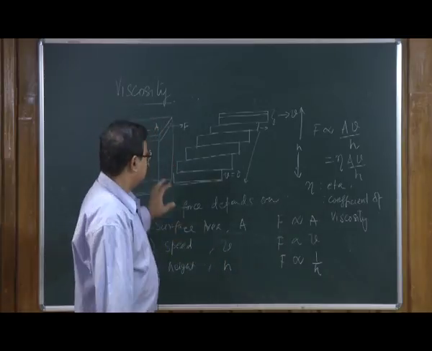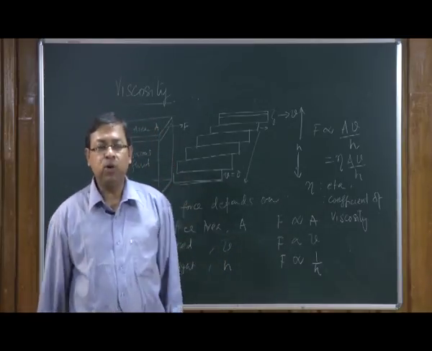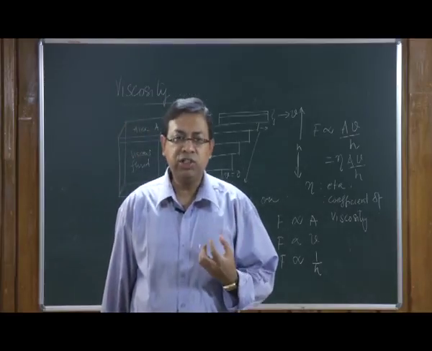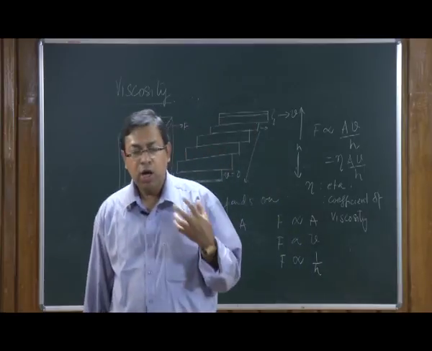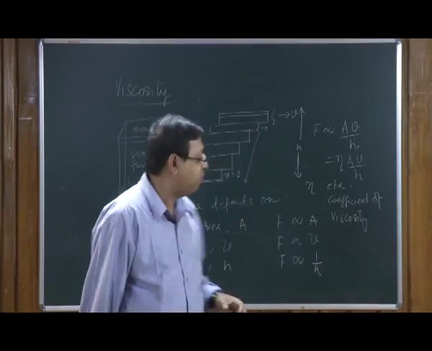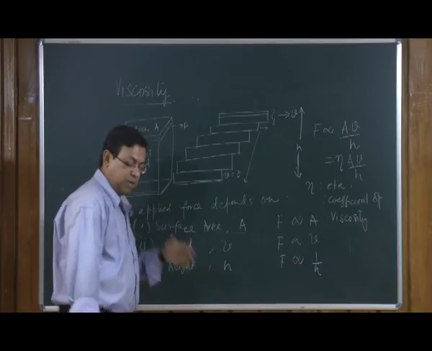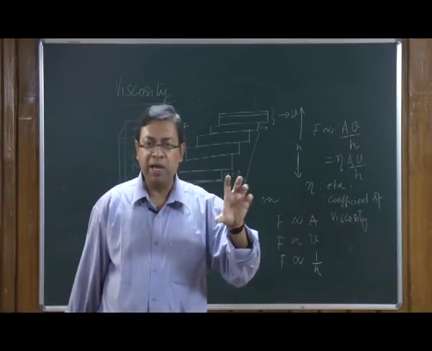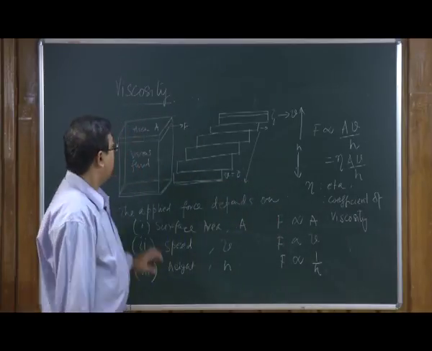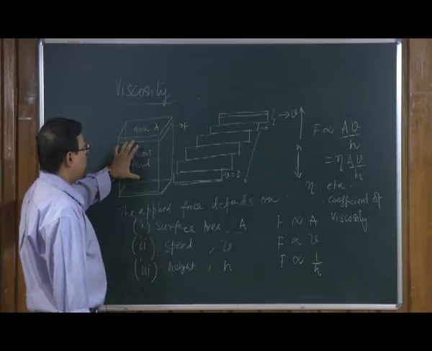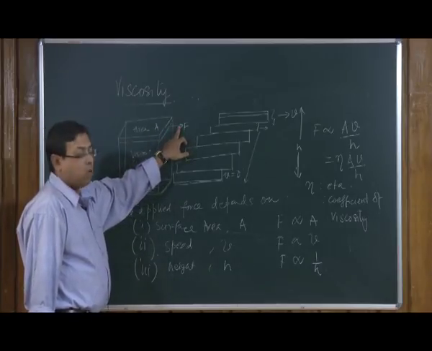This motionless situation happens because there is a strong interaction between the fluid molecules or the liquid molecules and the molecules of the container or the pipe or whatever it is through which the fluid is flowing. And we said that the more viscous the fluid is, the greater would be the force required.